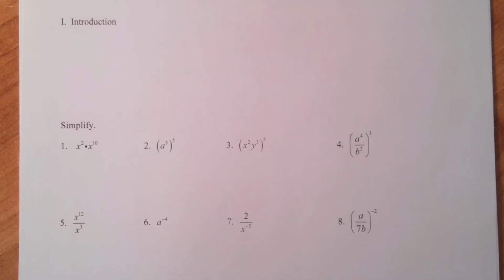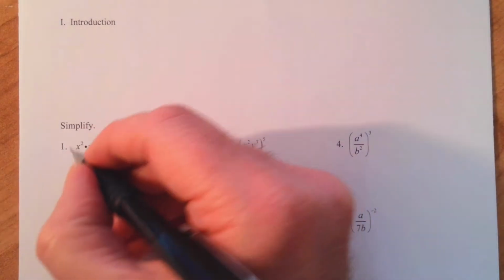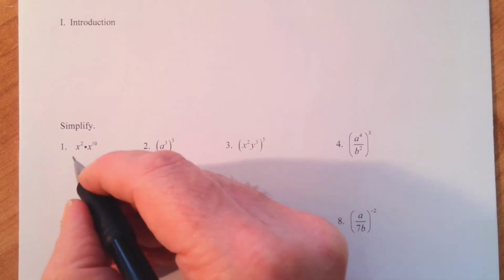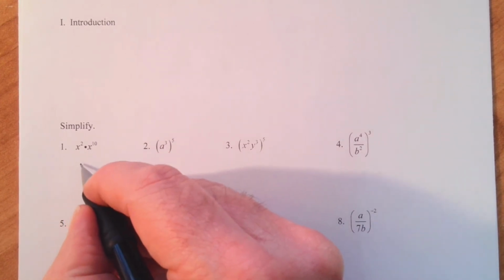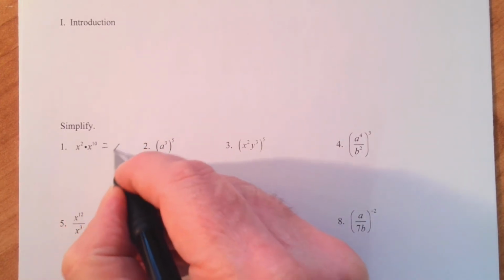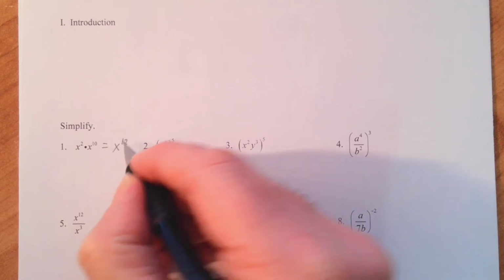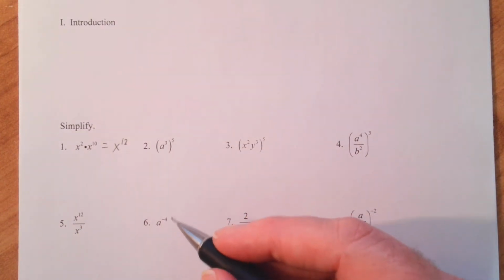All right, so let's look at this. So here you have x squared times x to the 10th. That's going to be x to the 12th. And so we add the exponents.